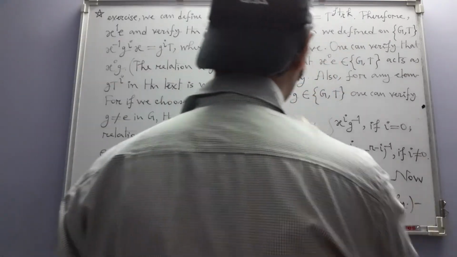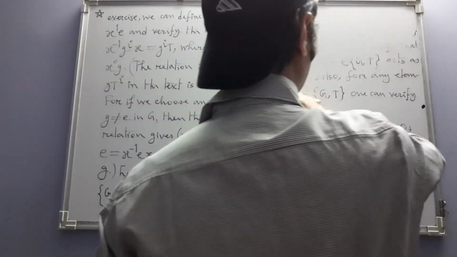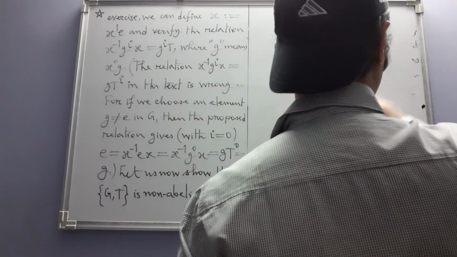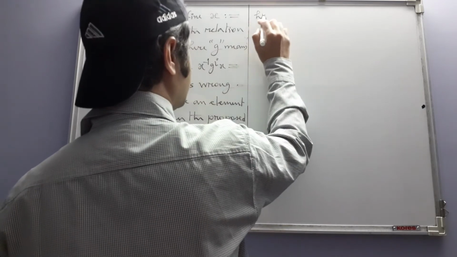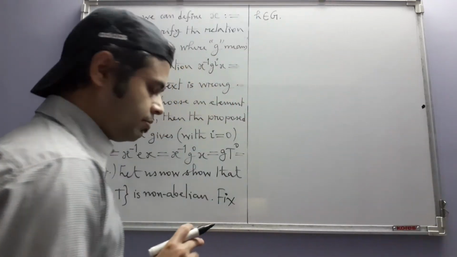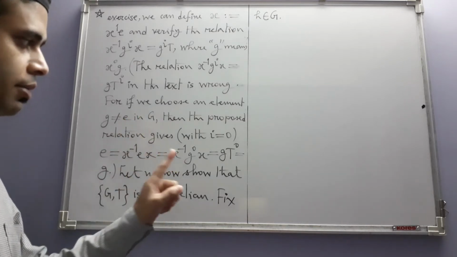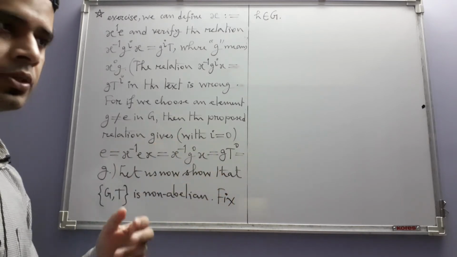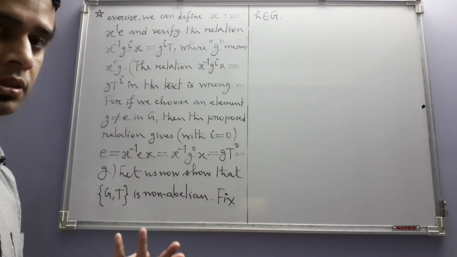Fix an element H belonging to G. Now this is the place where we use the hypothesis that our automorphism T, we have already used one part of the hypothesis about T, namely that it's an automorphism and it has order R, which is a positive integer.